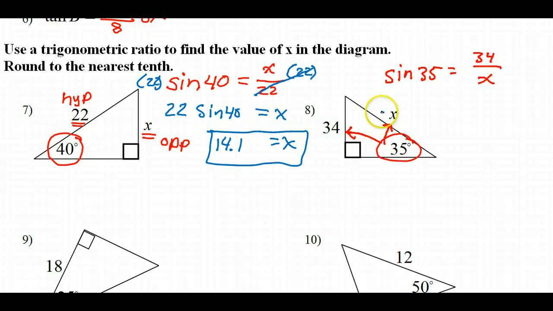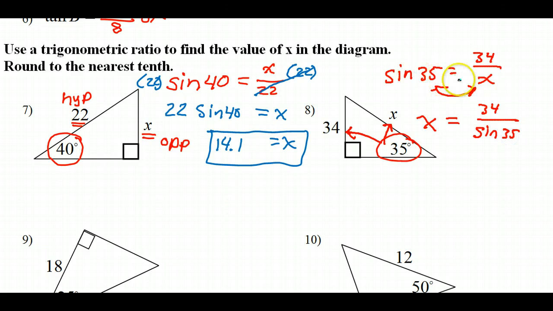Let me give you a shortcut that you're going to see me use over and over again. The x and the sine 35, you can switch places. So this becomes x equals 34 over sine 35.